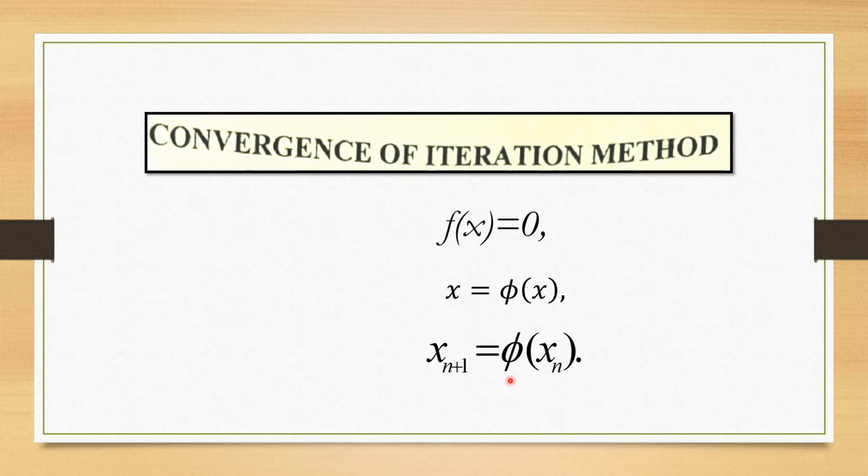Similarly, if we have the system of linear equations or system of non-linear equations, they can be modified in the form of fixed point formulation such as given here and later on can be developed in the form of successive approximation iterative formula.